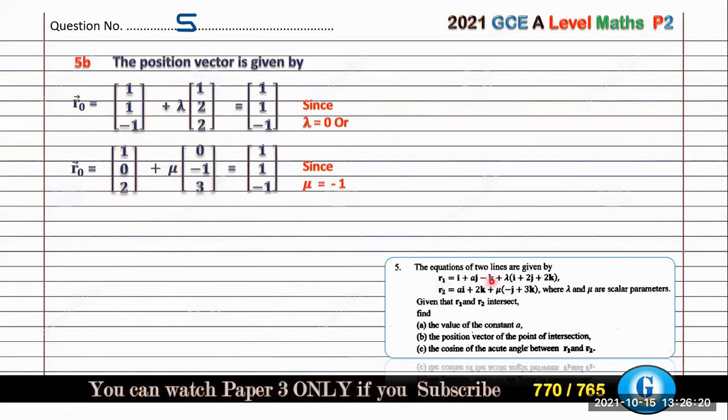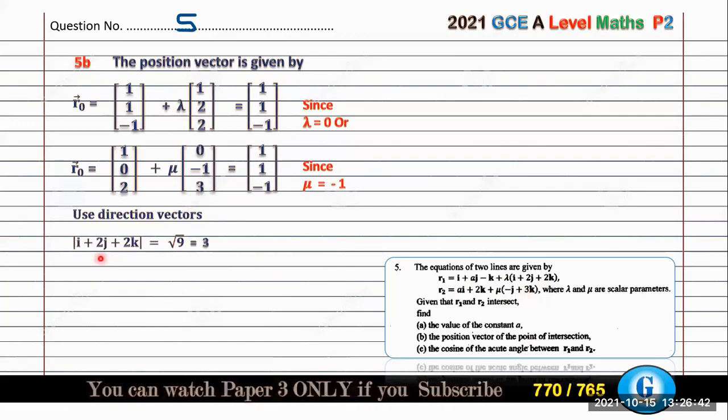Like here for the vector r1, the direction vector is i plus 2j plus 2k. And the second vector, the direction vector is minus j plus 3k. That is what we are using to find the cosine of the acute angle, okay? So we have to look for their magnitude.